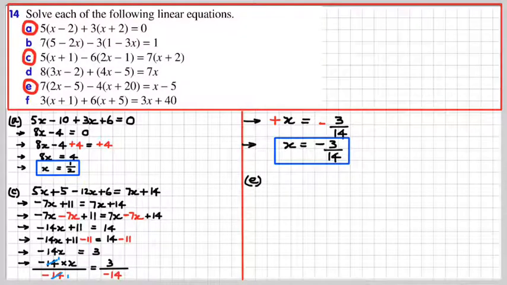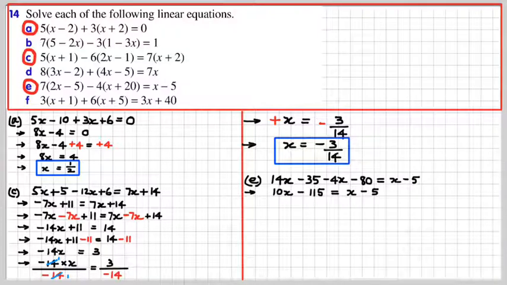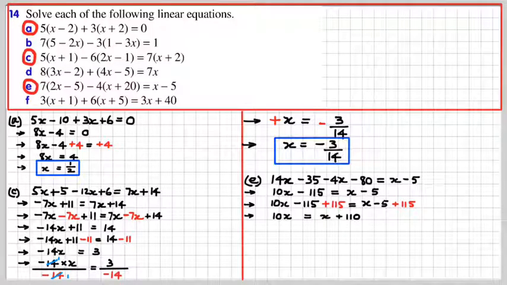Here comes E. Multiply out the brackets. 14x minus 35 minus 4x minus 80, equals x minus 5. Now clean it up. 10x minus 115 equals x minus 5. Next step, we're going to add 115 to both sides, and we get 10x is equal to x plus 110.